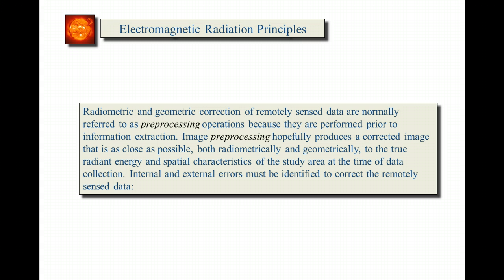The best example of this that you guys are familiar with is the seasonal radiometric correction that we do when we're doing change analyses, and we have remotely sensed images from different dates that can be corrected somewhat for the effects of the difference in seasonal solar elevation, high sun in the summer, low sun in the winter.